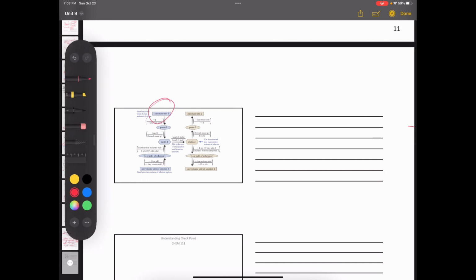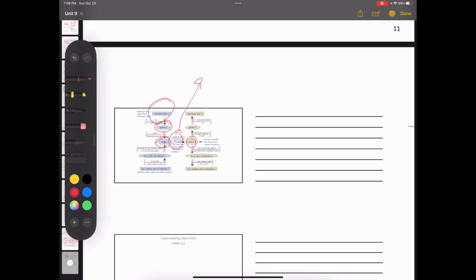So this one here, this is like the grand finale for everything that we have been talking about. This basically summarizes everything. So if you go through this sketch, this basically goes through all the calculations that we have been doing. So generally we start with the unit of substance 1, and either convert to moles using the molar mass, or we convert to moles using the molarity. Okay? Once you convert to moles of substance 1, you'll have to convert to moles of substance 2.